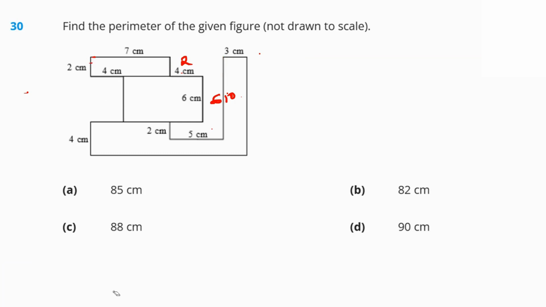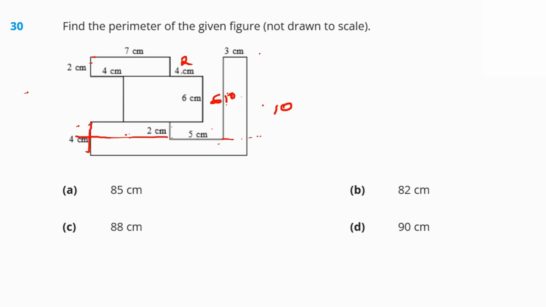Next, what's the missing part? The base is also missing. Till here it is 10, and the entire thing over here was 4.